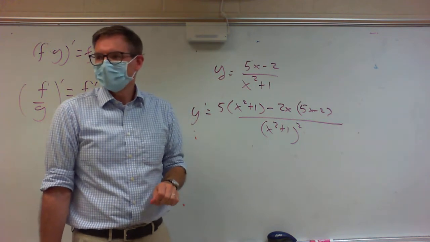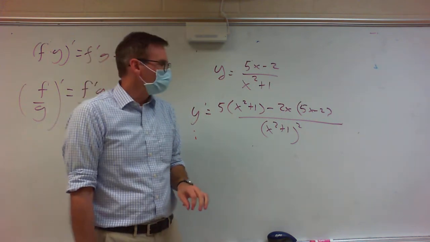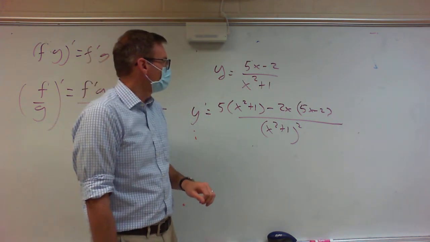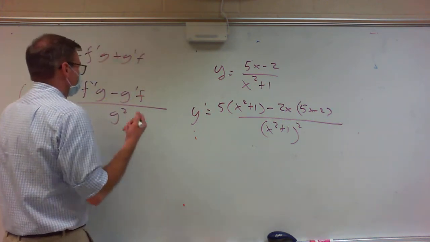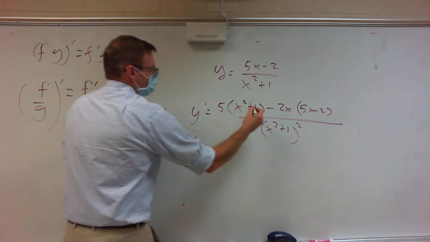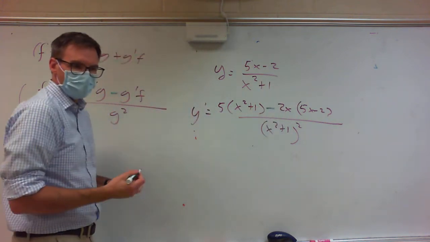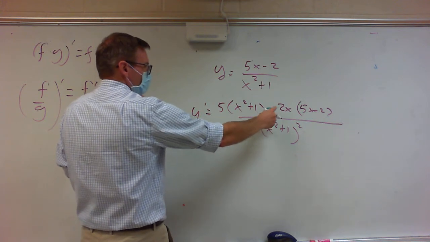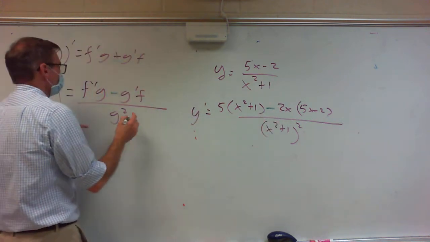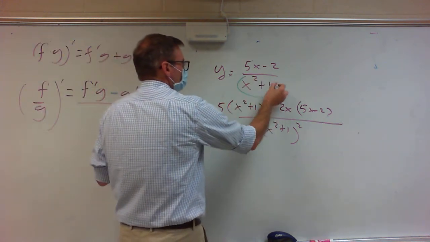That's fine. Okay. Wait, why did it go from x squared to negative 2x? Well, the minus came from here. Okay? Right? This minus came from here. This 2x came from the derivative of the bottom.